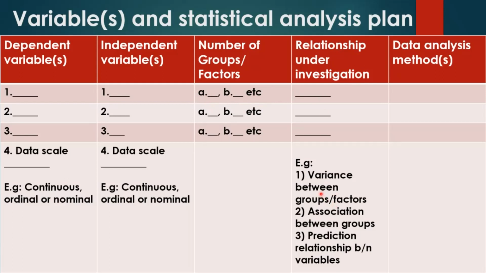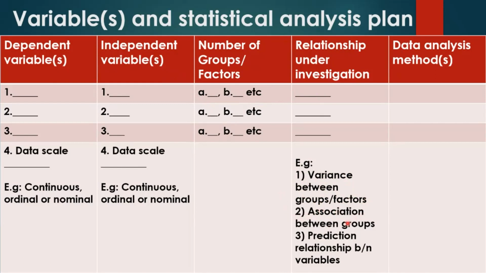The 3 broad categories are, first, variance. For variance, you are looking at variance between groups or factors in your independent variable in relation to the dependent variable. We are going to see more of that in the slides ahead.